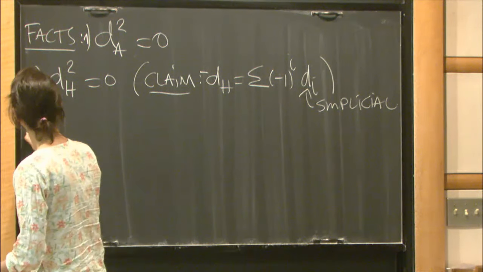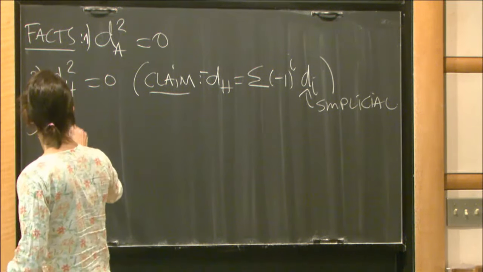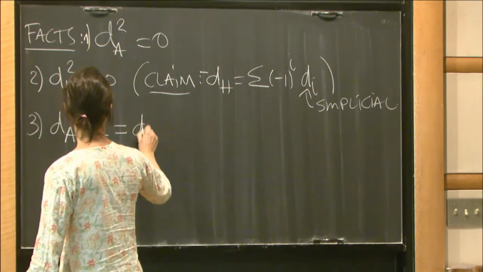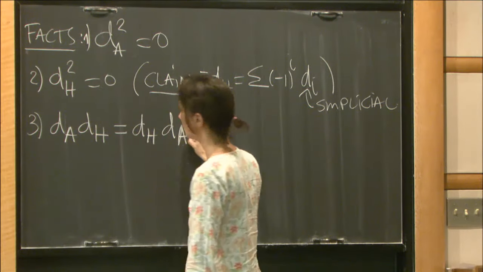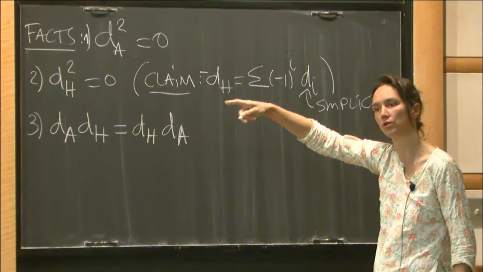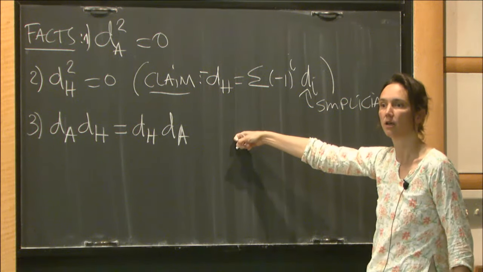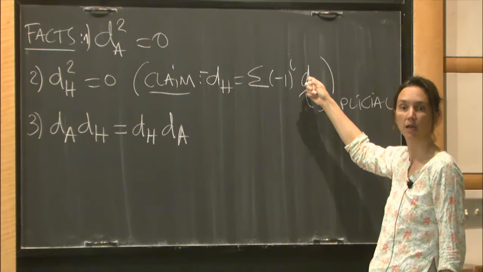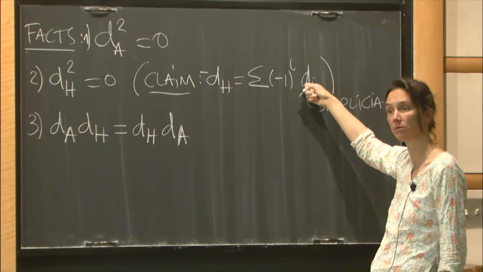And then the third claim is that d_A and d_H commute: d_A d_H is equal to d_H d_A. This is pretty obvious, modulo the signs. This is just because it is true for each d_i, and the multiplication is a chain map.